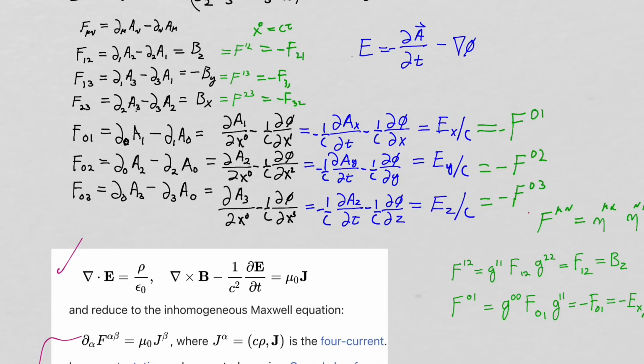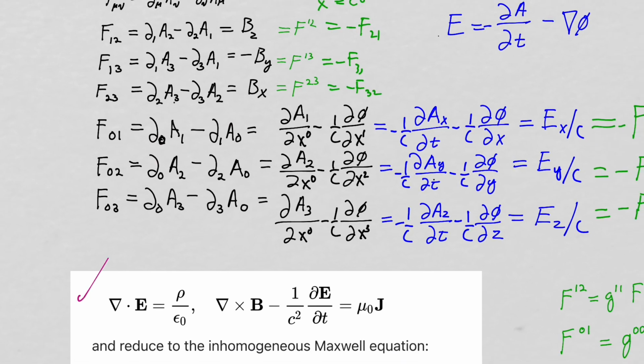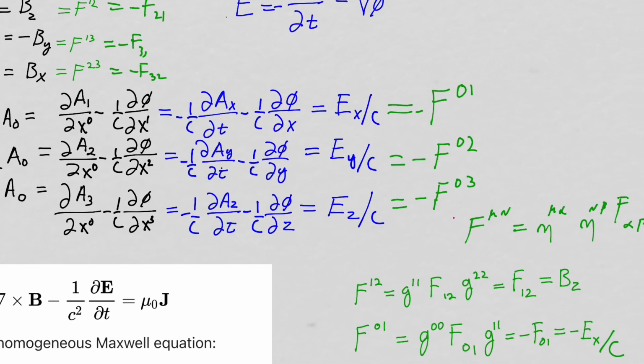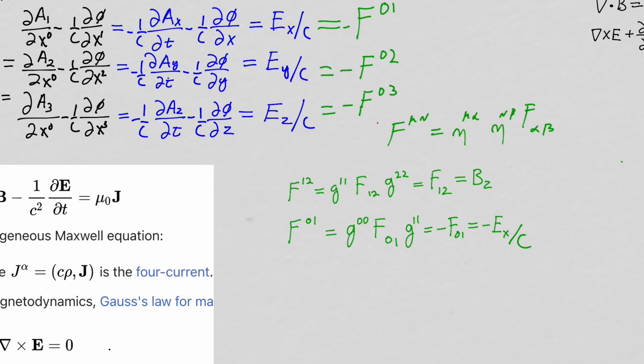You may remember back here, we calculated F10 as this partial derivative of the 4-potential, and it ended up being Ex over C. But we also understand that when we raise the 0 and the 1, because the 0 goes up with no sign change and the 1 goes up with a sign change, right? Actually, I think I even did it explicitly down here.